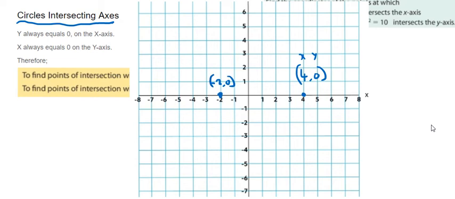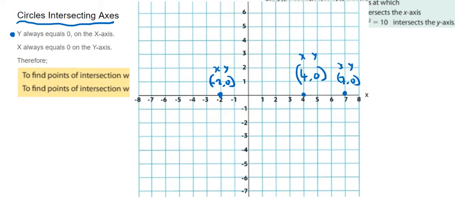Again the y value is 0 there. And once more, that point there is 7, 0. So again, the y value is always 0. That's what I mean by this point up here in the top left corner: the y always equals 0 on the x-axis. So for every point on the x-axis, y will be 0.